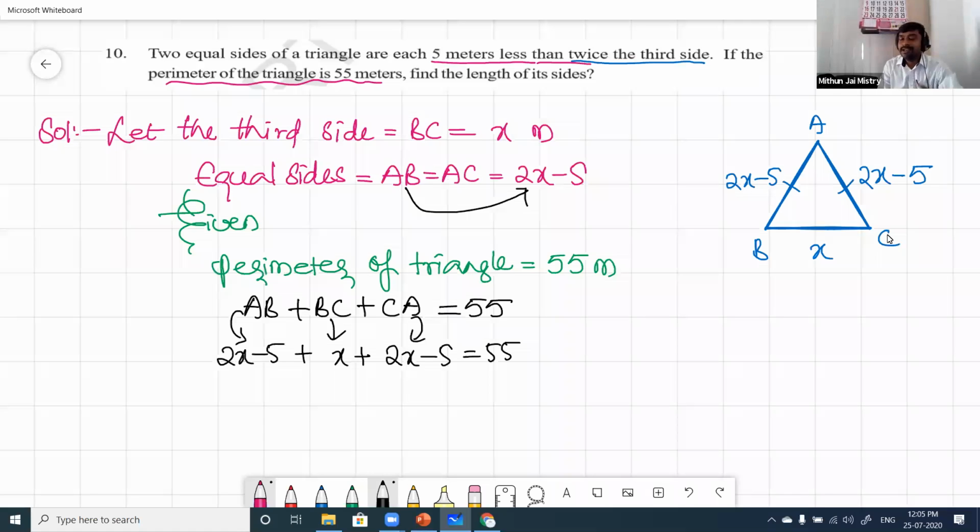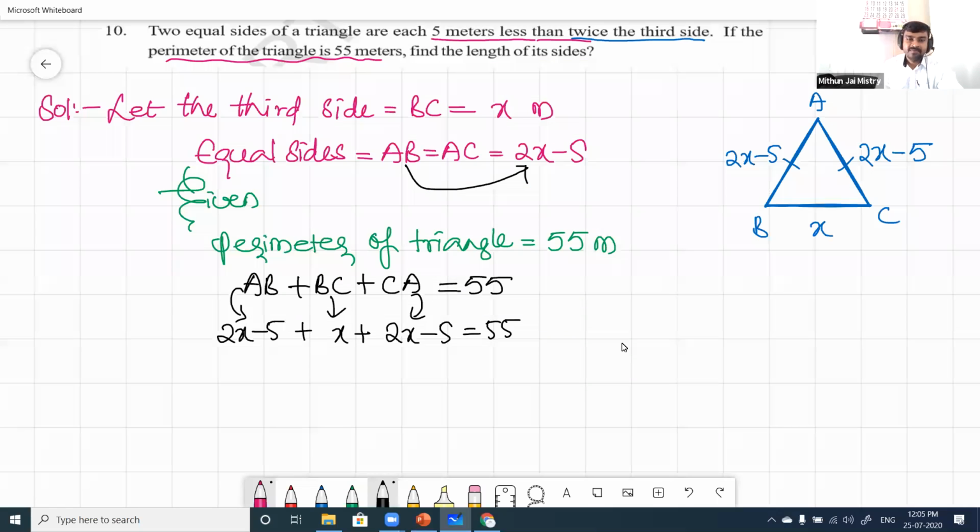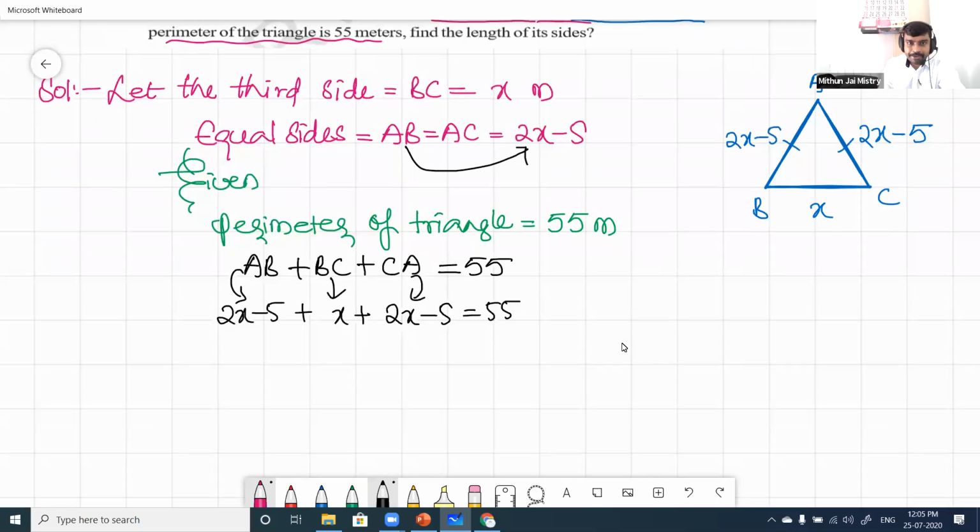What I have done is substituted in the place of AB, BC, CA their values, whatever we assumed, right? Now see what happens when you add the like terms. The terms which have the same variable are called like terms. 2x plus x is 3x, 3x plus 2x is 5x. So I can write here 5x.